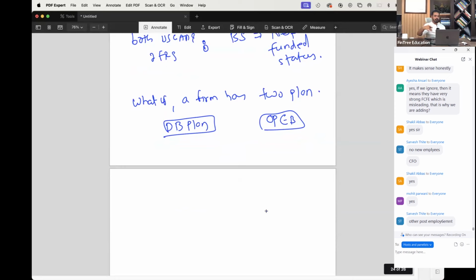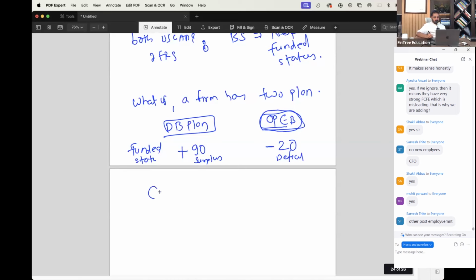Generally for this plan, companies don't create assets. So let us say the funded status here is plus 90. Plus 90 means it's a surplus or deficit? Surplus, that means I have more assets. And the funded status here is minus 20, which means it's a deficit.